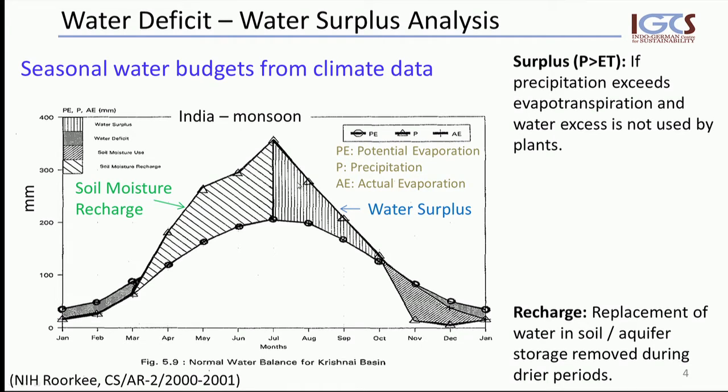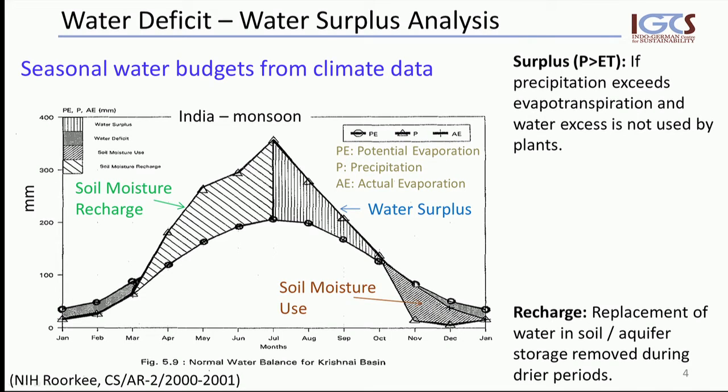And this water surplus means that we're starting to recharge our groundwater compartment, and we may observe floods in our region. And then our precipitation will continuously decrease, whereas our evaporation continues, and at this point becomes dominant.